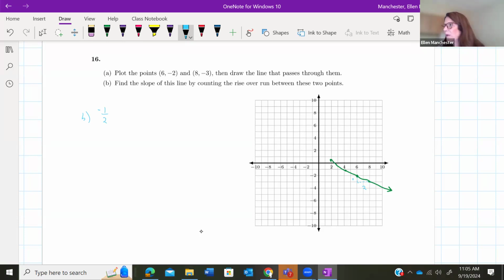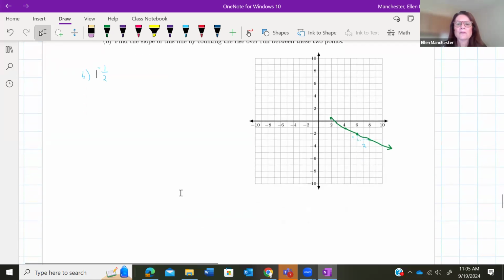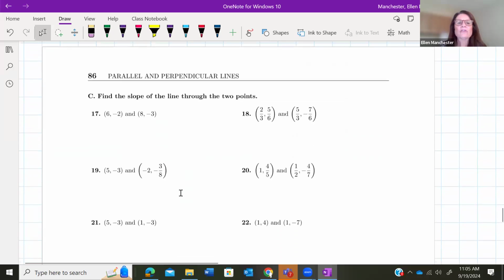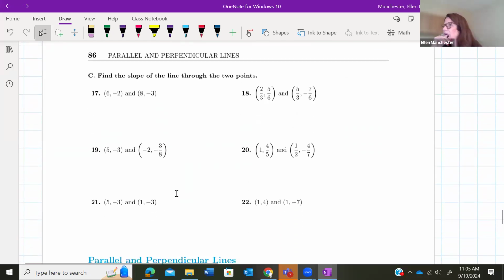So you should always be able to find your slope when you have a line sitting in front of you. Now you don't have a line sitting in front of you. Now you have to find the slope. So now we're on page 86. This goes back to our slope formula.